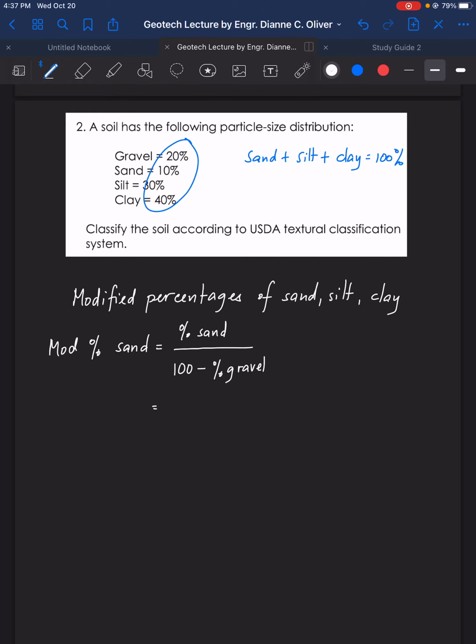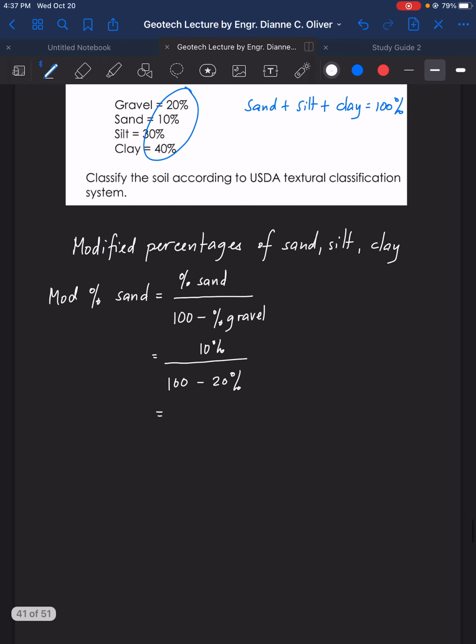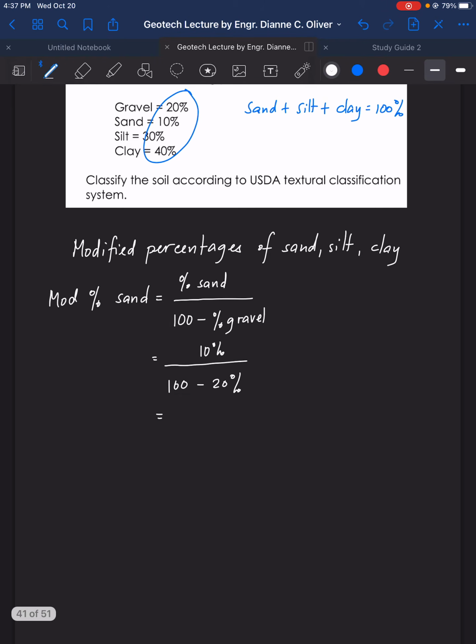So you now have here 10% all over 100 minus 20%. So that is equal to 12.5%.